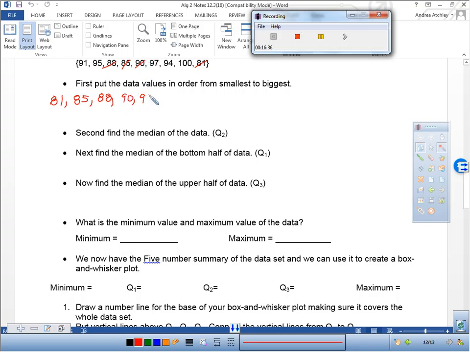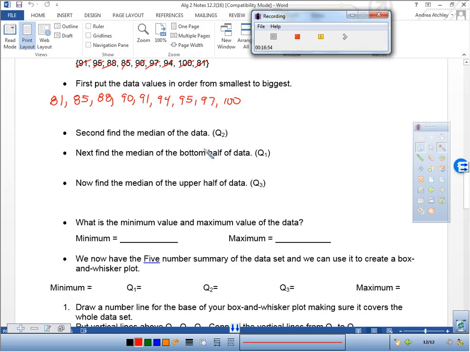Then 91, 94, 95, 97, and then 100. Do I have that right? Yes. Okay.